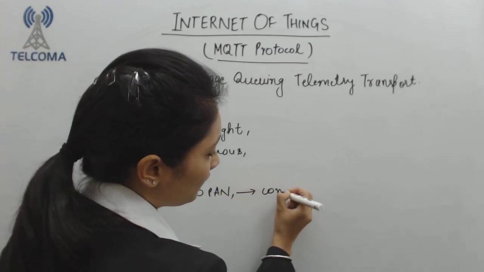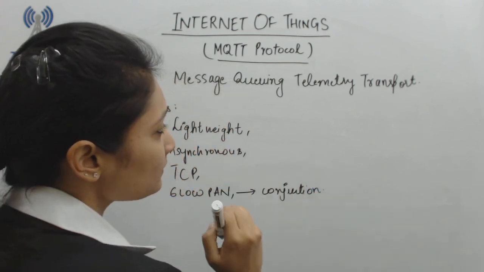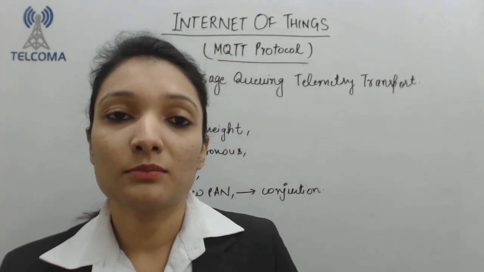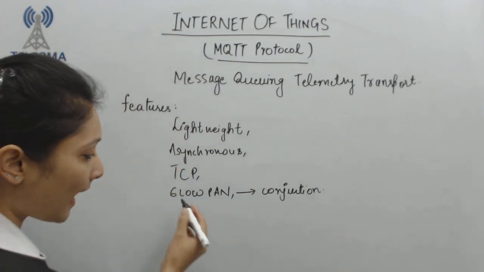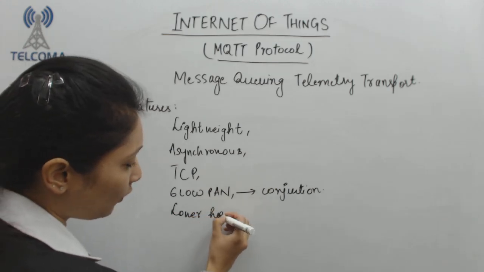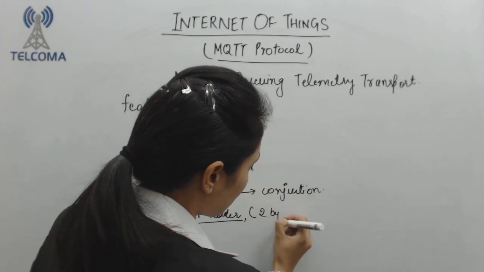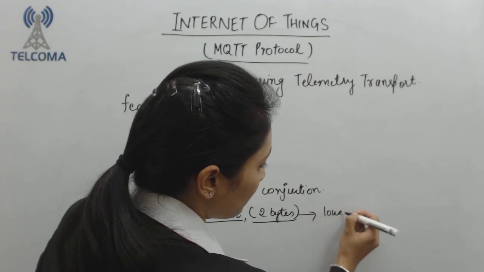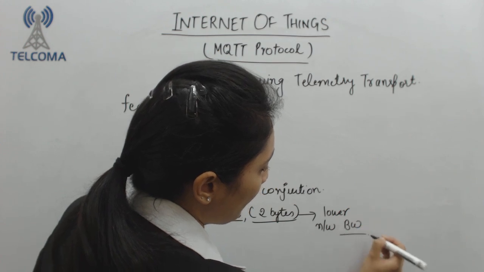This protocol is designed to work for constrained bandwidth requirements. That means the network has low bandwidth. So it has a lower overhead or lower header, which is 2 bytes, so it supports lower network bandwidth.